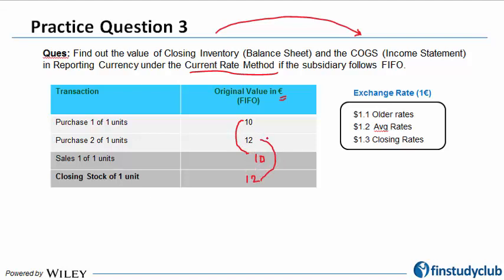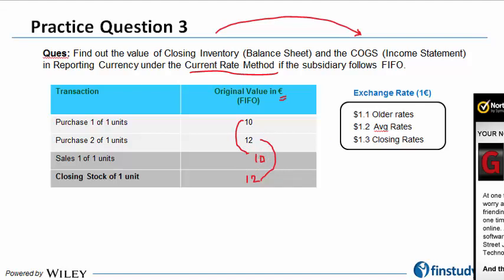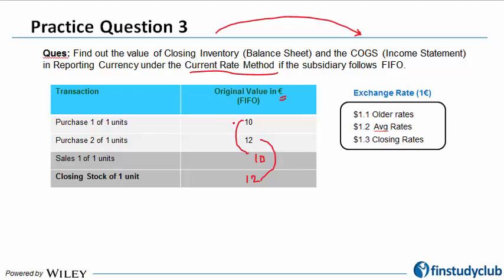Now to convert this 10, if historical tagging had to be done, it would need to be taken back to the older rates. But this time I have to follow the current rate method, in which case the income statement item will be converted at the average rate prevailing throughout.